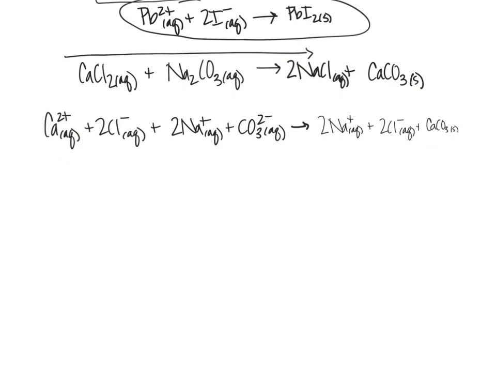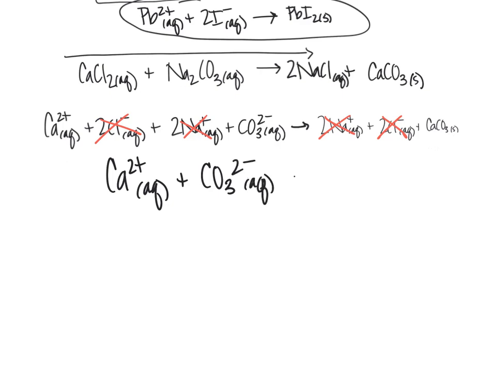It almost always uses two lines. So we can cross out anything we see on both sides. So we see chlorine and sodium ions on both sides. So then we can rewrite our net ionic equation, which is our Ca2+ ion aqueous plus CO3 2- aqueous creates calcium carbonate solid.